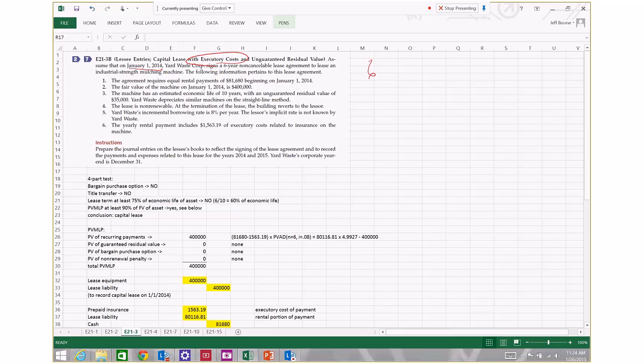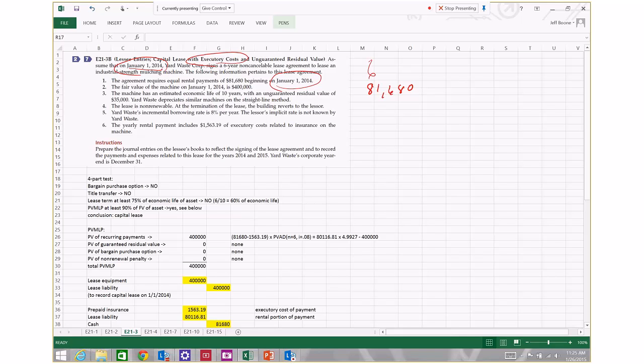The lease agreement requires rental payments of $81,680, and the rental payments are made at the beginning of each year. So we signed the lease on January 1st, 2014, and on the day that we ink the contract, we have to make a payment on January 1st, 2014 of $81,680, our first lease payment.